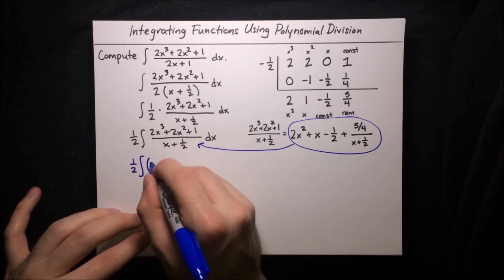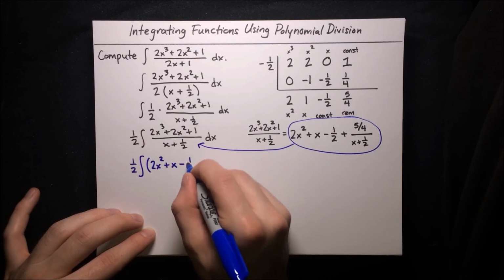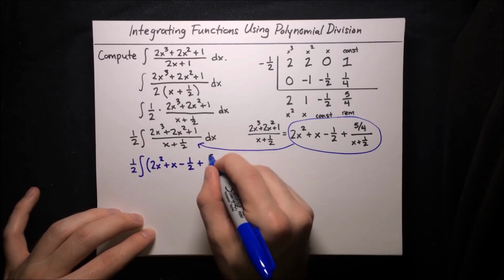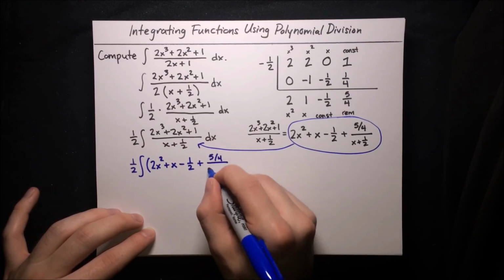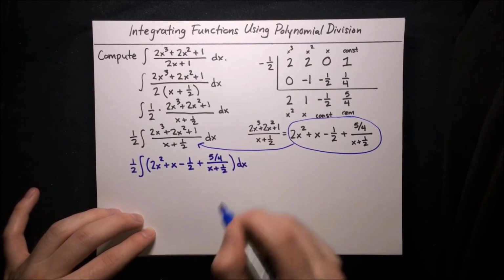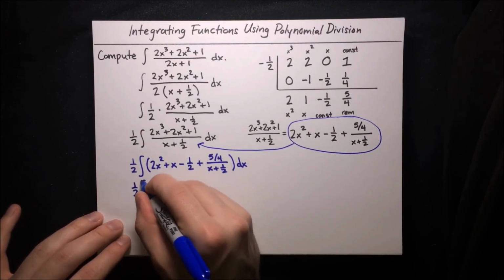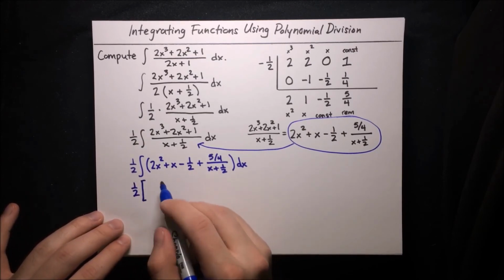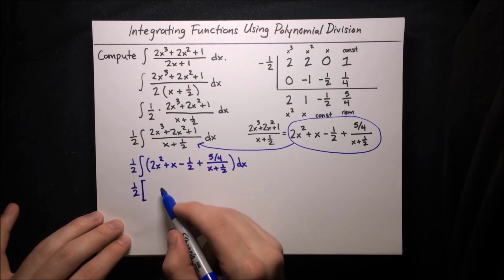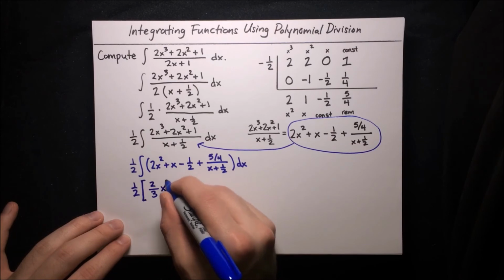So integral of 2x squared plus x minus a half plus 5/4 over x plus a half with respect to x. And we just integrate that, so this is 1/2 times integral of 2x squared. Well, that's 2 times a third x cubed, so 2/3 x cubed.